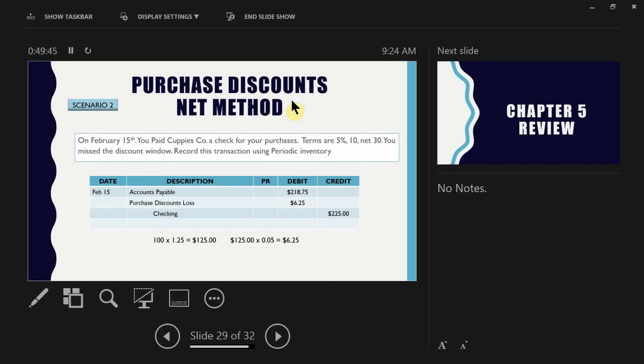Here's an example of what a contra account looks like. It's going to appear and flow in the opposite direction as either the sub account or the main account. So in this case, my main account is going to be my purchase expense, and my discount is going to, in another sense, lower my purchase expense by creating an opposite flowing credit.